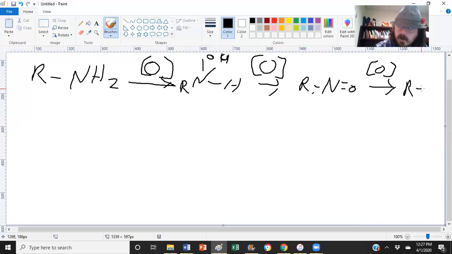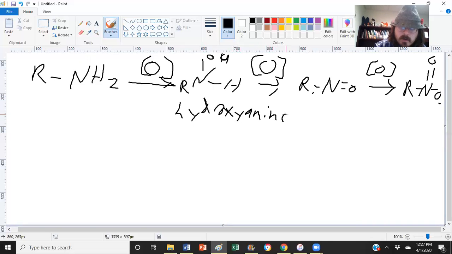Now, these will have complex reactivities. So you're actually going to get a mixture. You're not going to get all of one or all of the other, unless you have a large excess of oxygen.